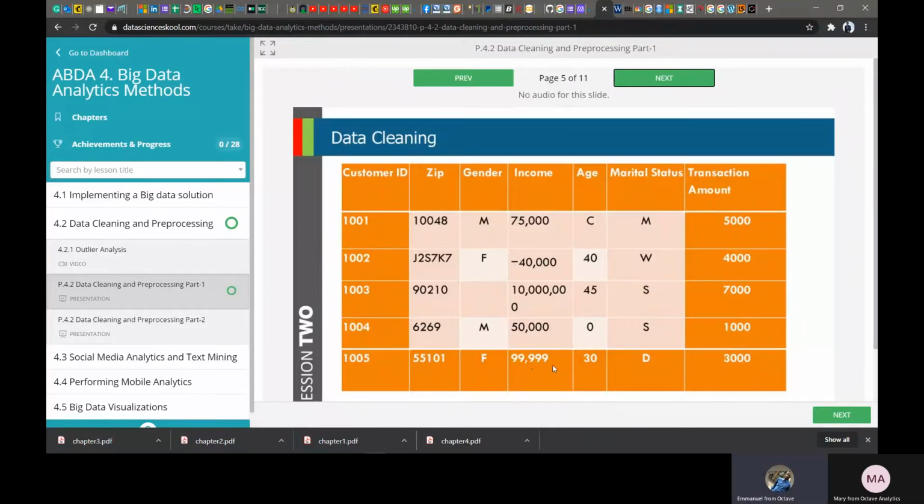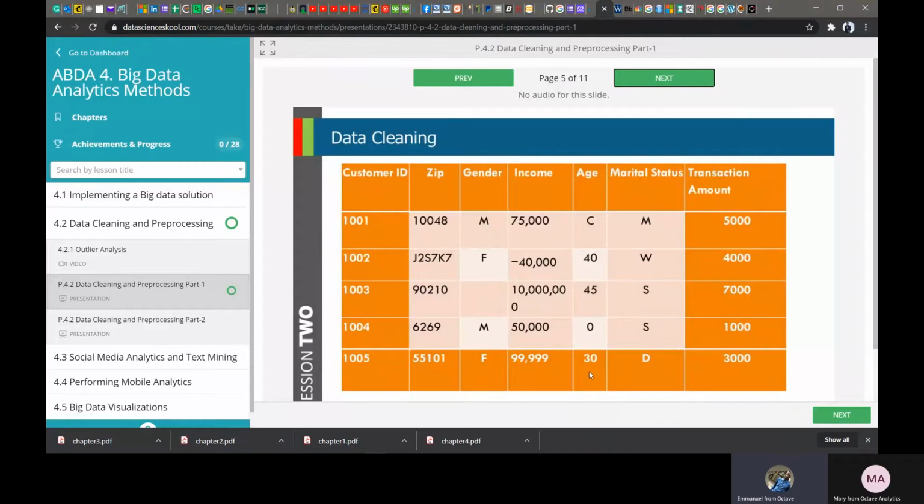And this one has 99,999, which might look like there's something wrong with it. It can be a missing value that's been tagged with that value, because sometimes they use 99999 to represent a missing value. So you might want to investigate that, or maybe it is due to approximation.